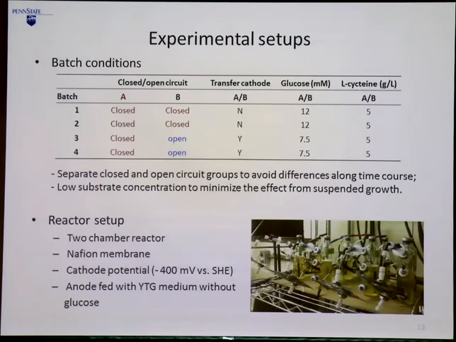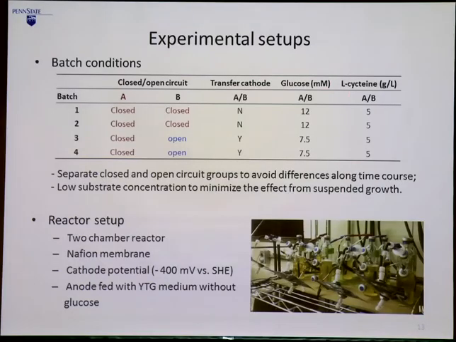So I set up another experiment, separating the closed and open circuit groups to avoid differences along the time course, because you see the difference in current uptake during the batches. Group A was set as closed circuit for the 4 batches, and group B was set exactly the same for the first 2 cycles, and then left as open circuit for the last 2 for comparison.